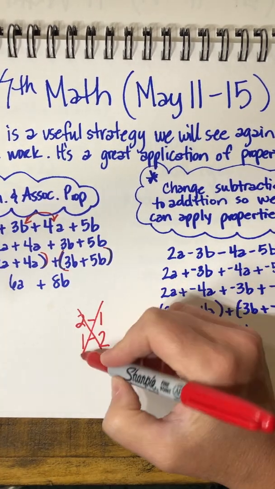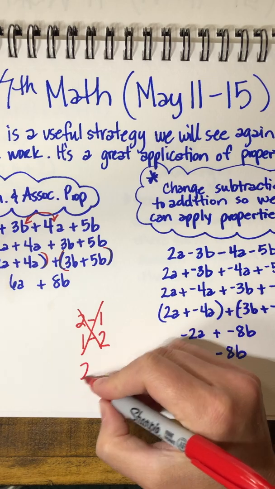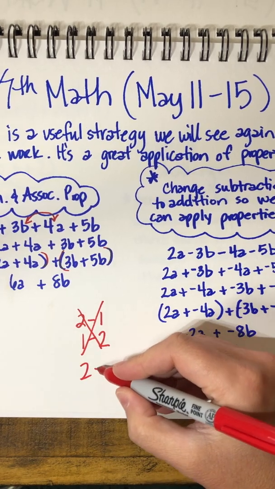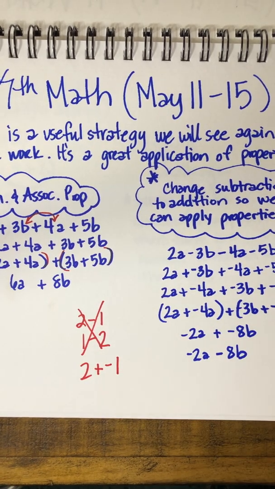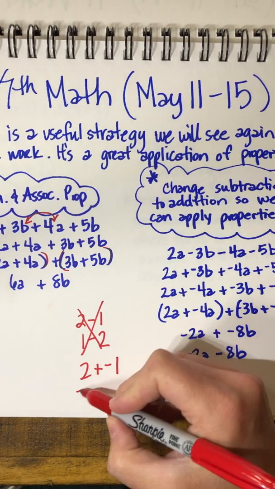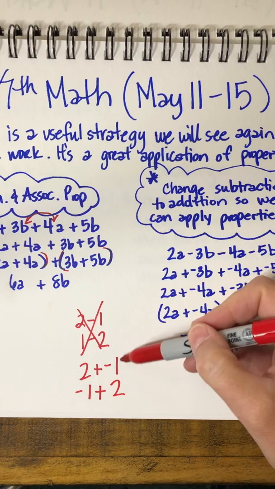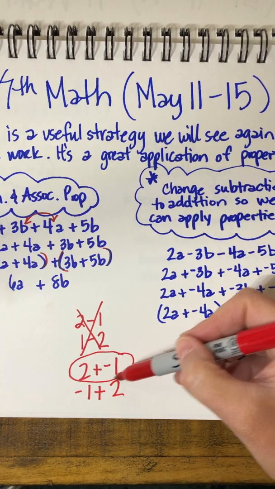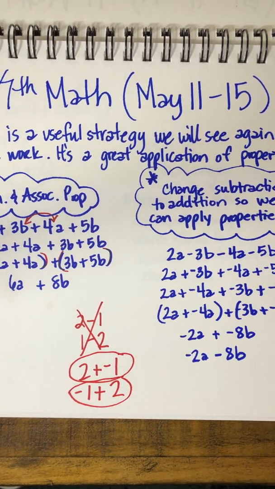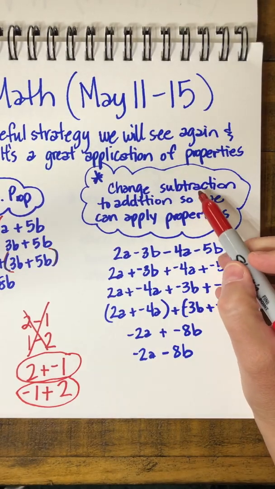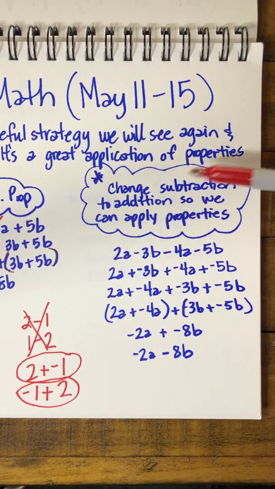That's not correct. But if we change subtraction to adding a negative, then we can commute it, right? So this now has the same meaning as this. So that's what we're going to do here. We're going to change subtraction to addition so that we can apply those properties.